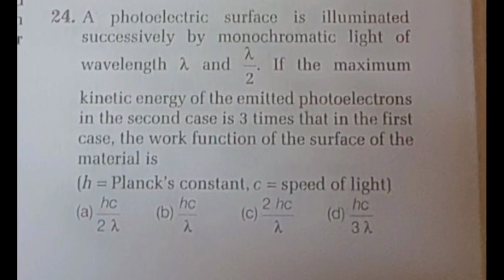Here h indicates Planck's constant and c is the speed of light. The options are hc by 2 lambda, hc by lambda, 2 hc by lambda, hc by 3 lambda. And the right one is option A, hc by 2 lambda.